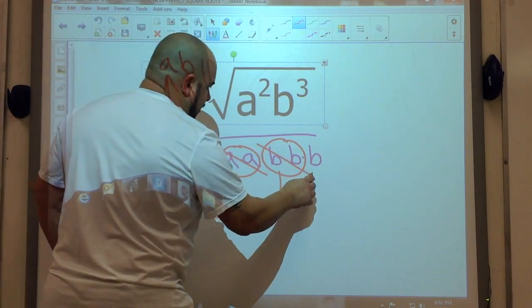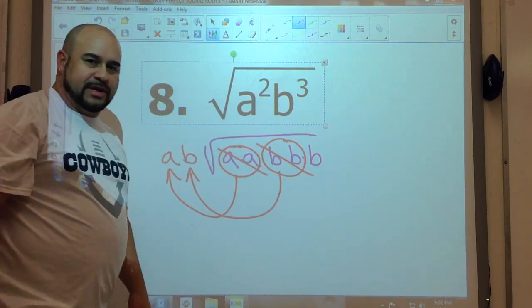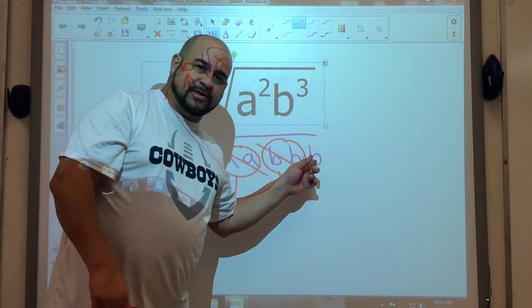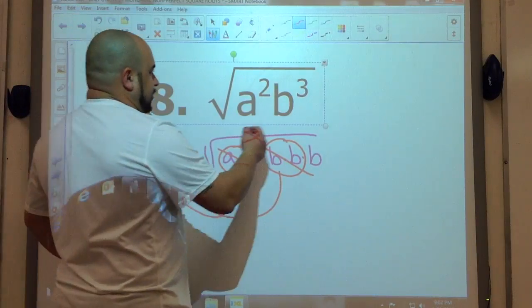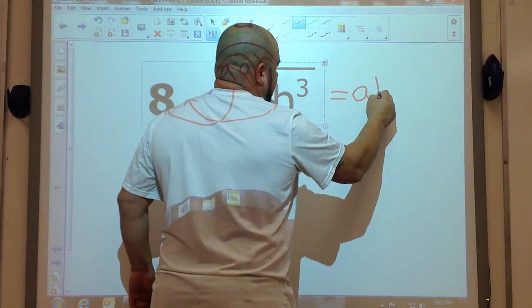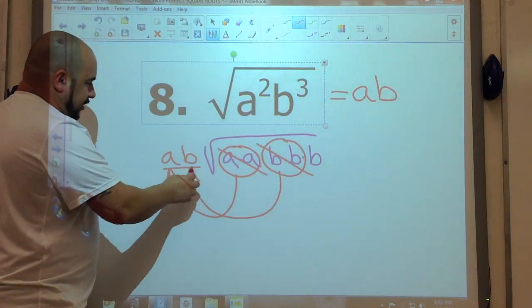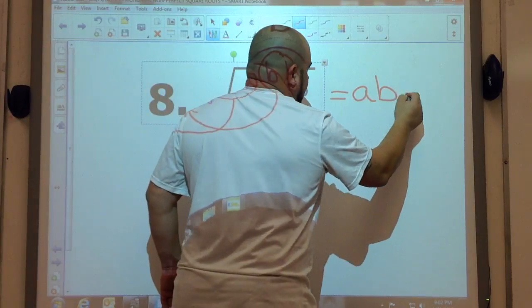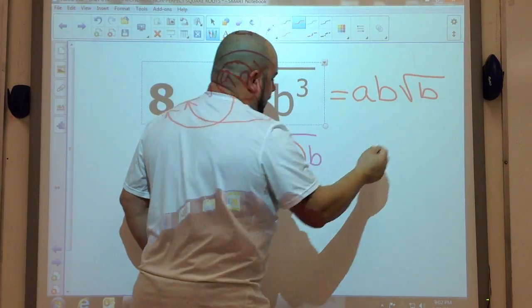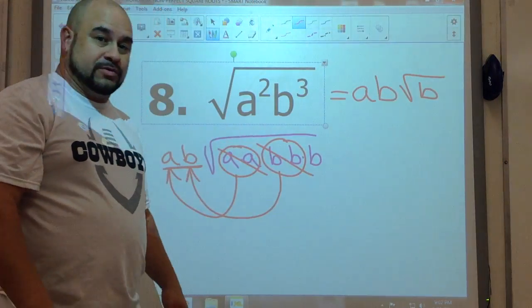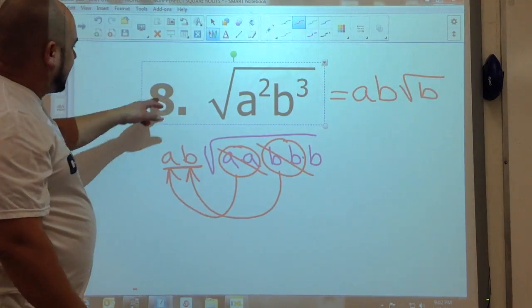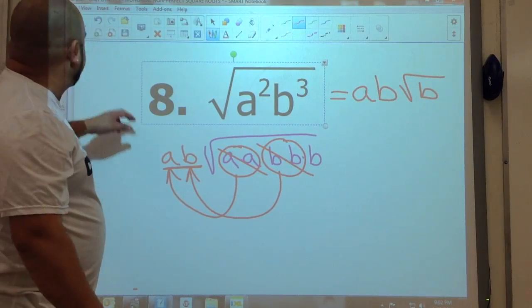And that's gone. But I don't have another set of b's. So I still have a remainder of b in my problem. So my answer here is a times b, that's what I have out here, the square root, times the square root of the remainder b that is still left inside my square root symbol. That's number 8 in your packet.